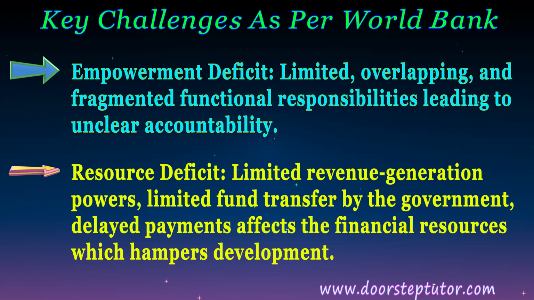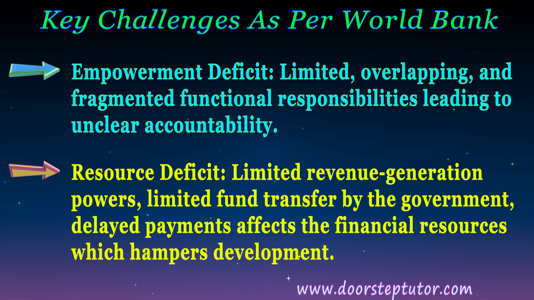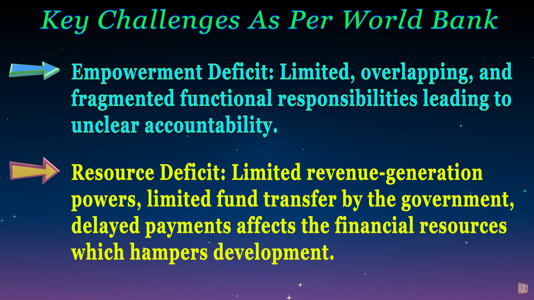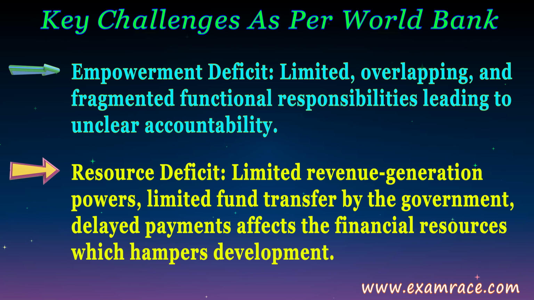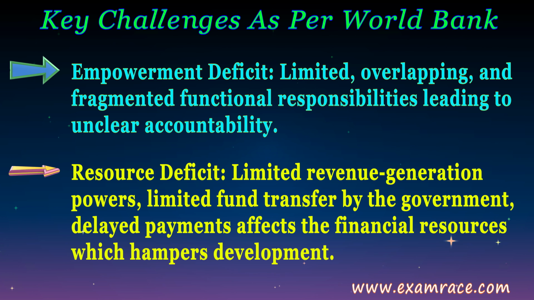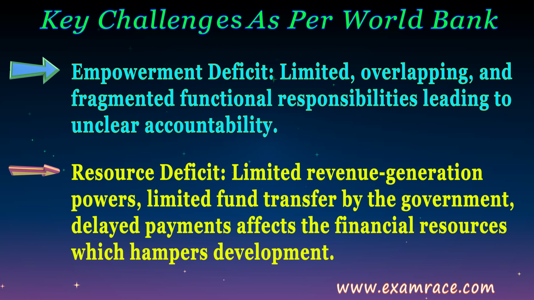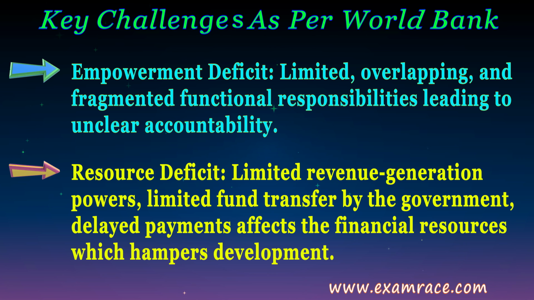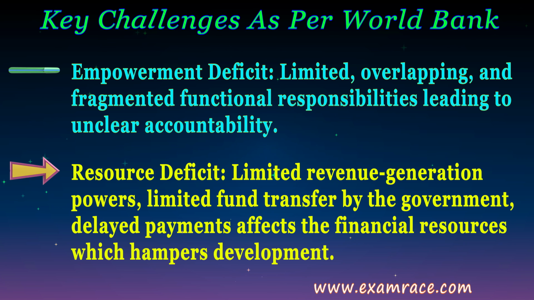The 14th and the 15th Finance Commission have stated how much finance should be given to the local level, but it is limited, and sometimes delayed payments are made both by the government as well as the people. If people delay the payment of water bills, electricity bills or any other taxes, it severely affects the financial resources, which in turn hampers the developmental work in that particular region.